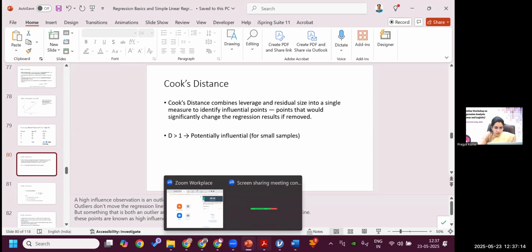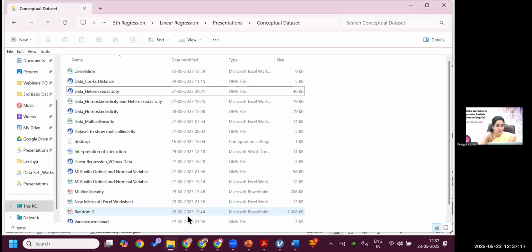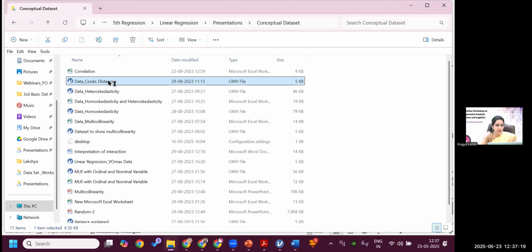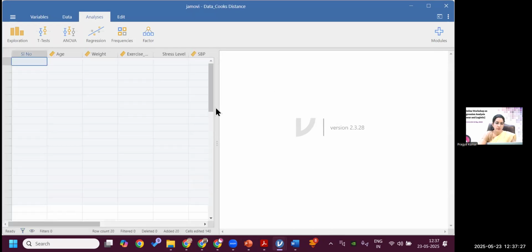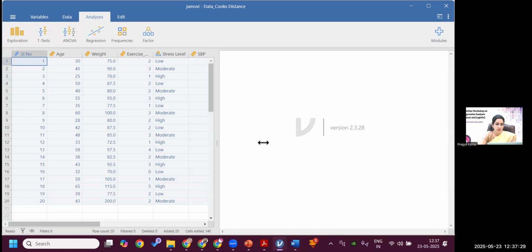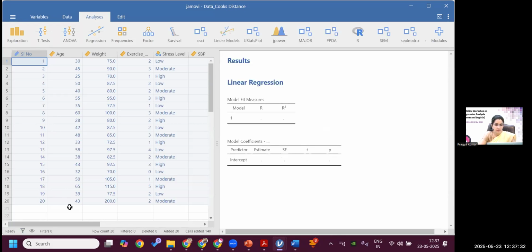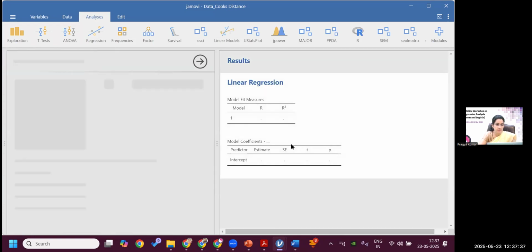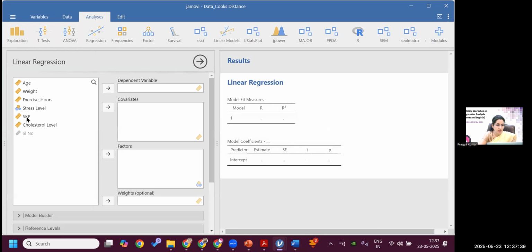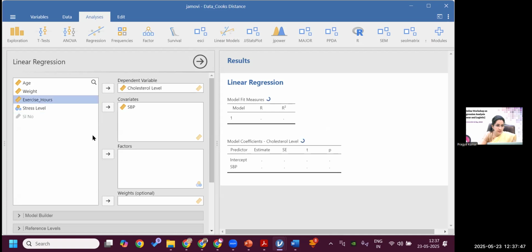So I'll go to the same data set. There is one data set for Cook's distance. Suppose my dependent variable is cholesterol level, and my predictor variables are SBP, exercise hours, and age.